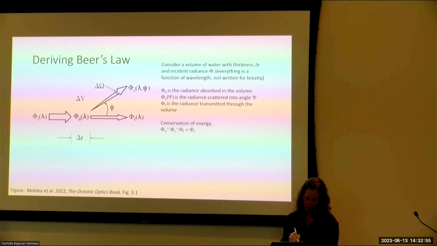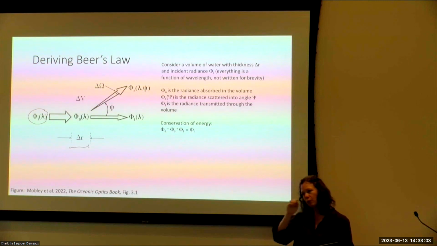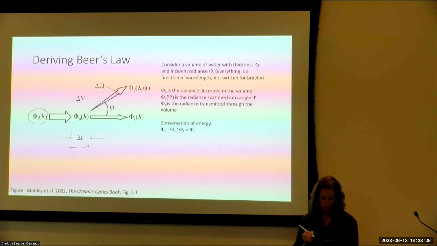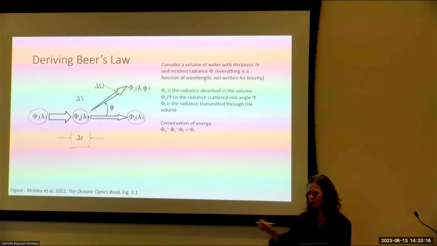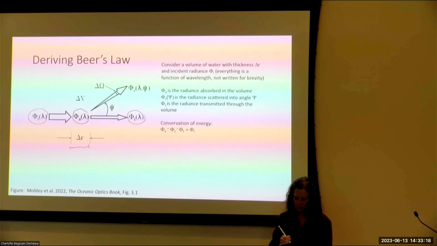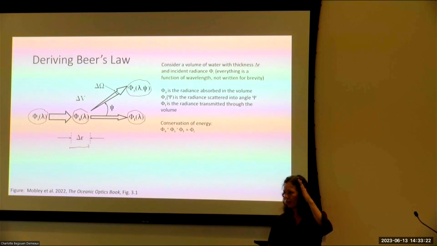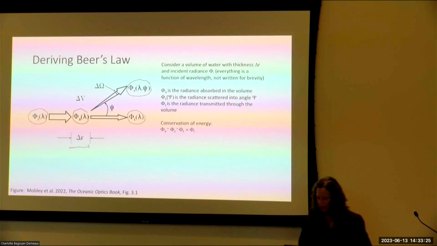We've got our radiance that's coming in, and the path length over which the light's interacting with whatever's in our volume. Then we've got radiance that's been absorbed, the radiance that's transmitted through without being absorbed or scattered, and then the radiance as a function of angle that gets scattered within that volume.